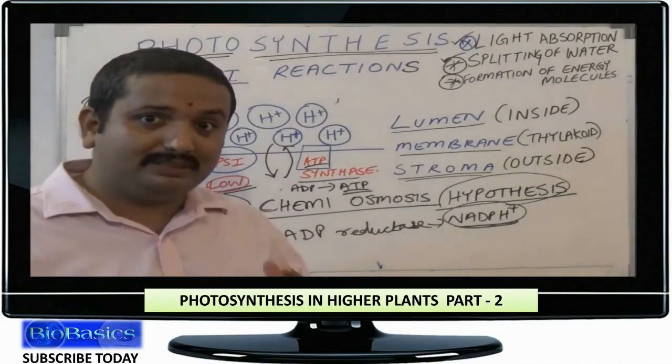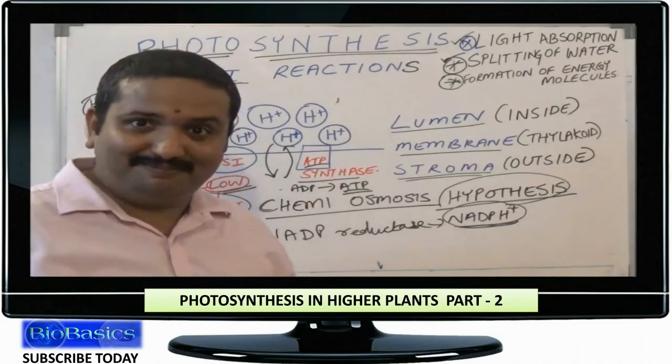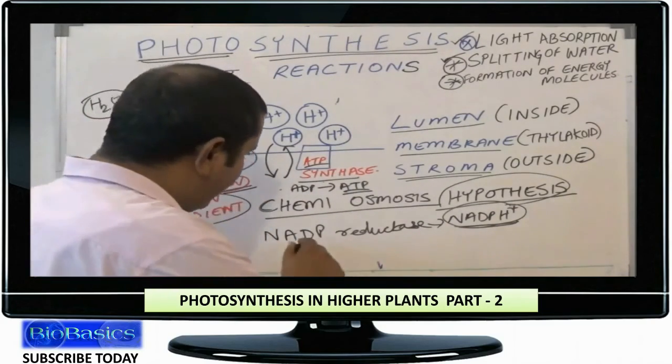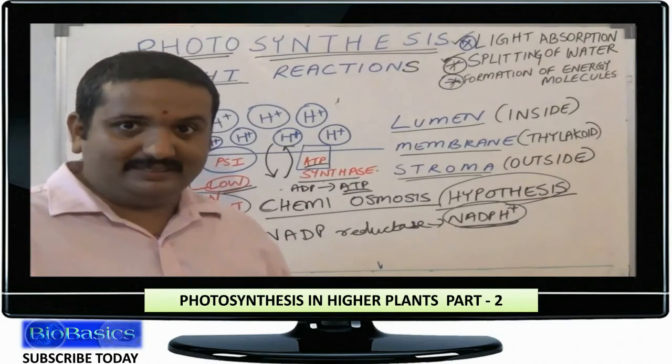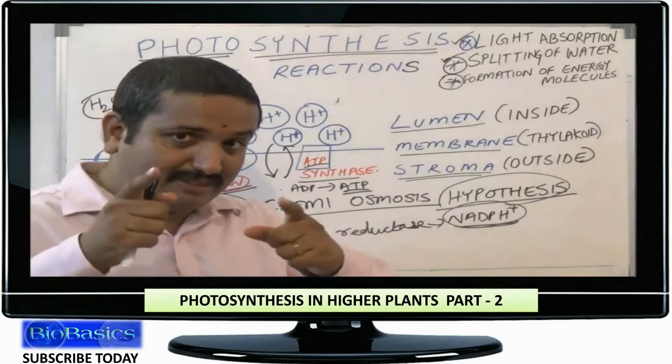And what are those enzymes? There are two enzymes. One is ATP synthase, and the other enzyme is NADP reductase. So two enzymes, two energy molecules, coming out of which kind of reaction?